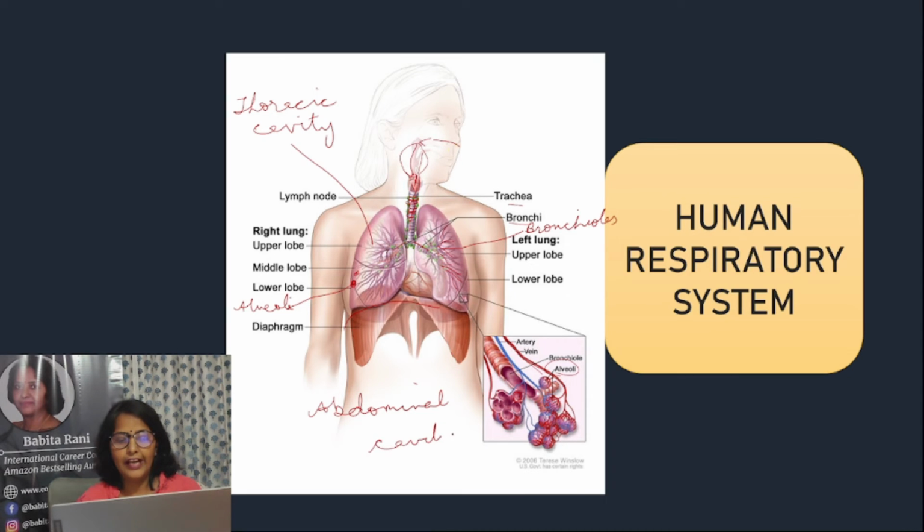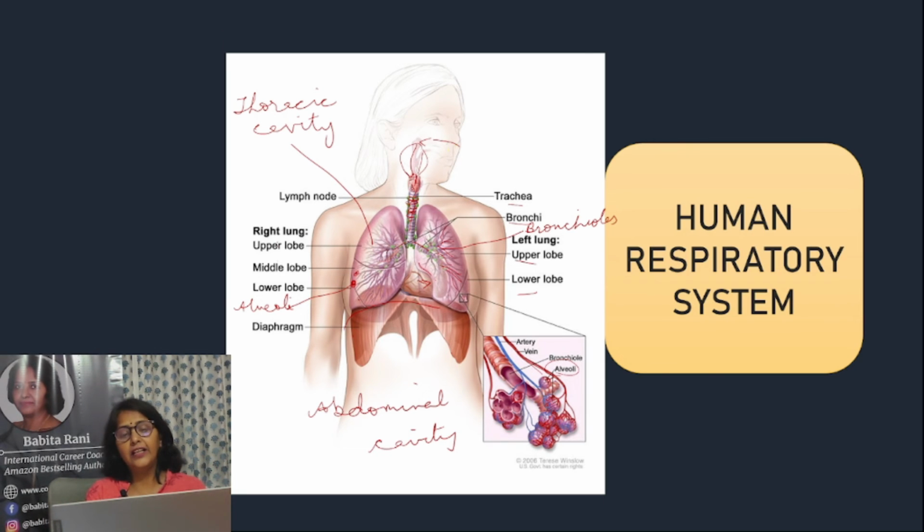And if you look at the structure, because the heart is situated slightly towards the left, this left lung is comparatively smaller than the right lung, and it has only two lobes. Because this is bigger, it has three lobes, upper, middle and the lower lobe. This is the lower lobe, this is the middle, this is the upper lobe.